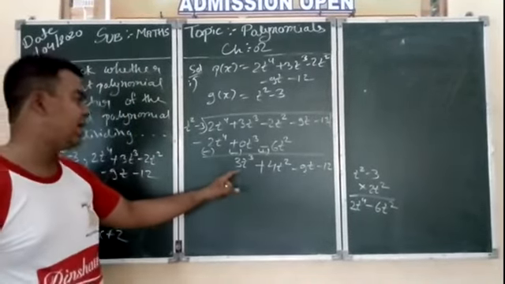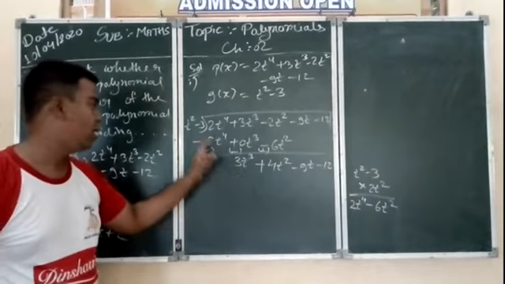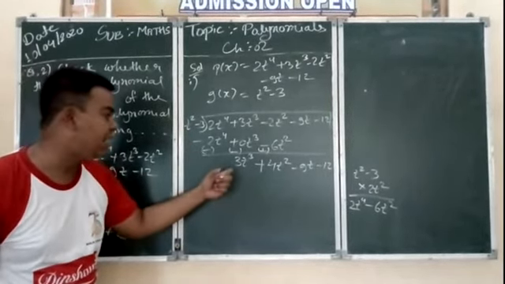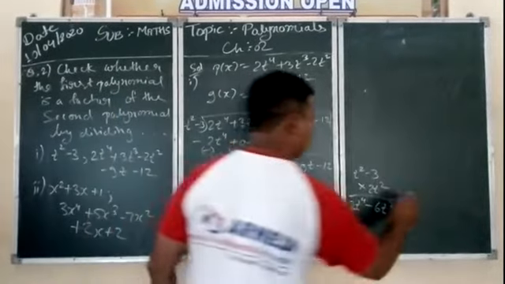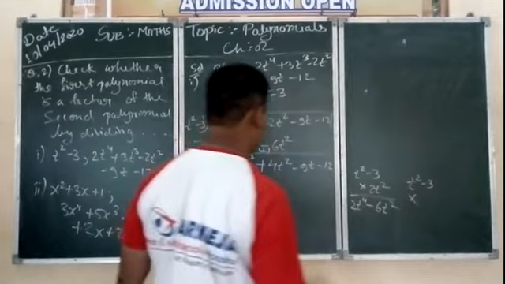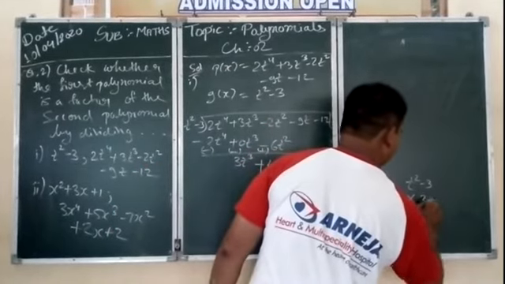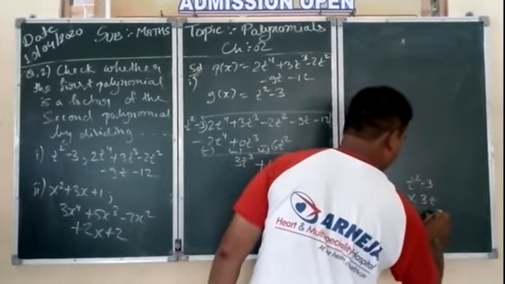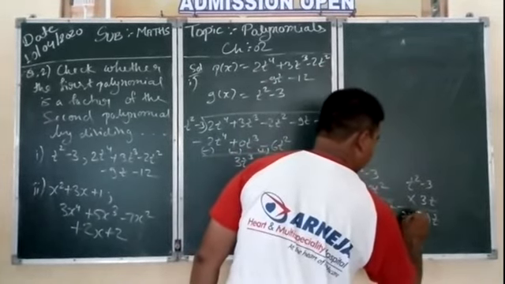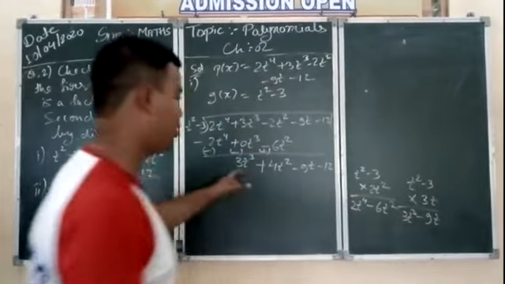Again the first term is 3t cube, so we multiply t square minus 3 by 3t, which gives 3t cube minus 9t.